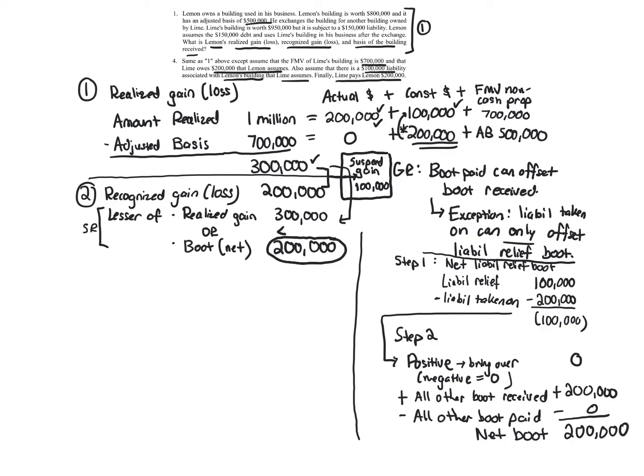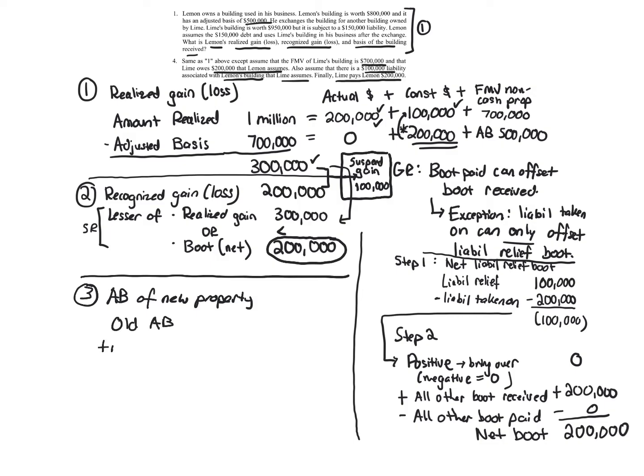So now we go to step 3, which is to determine the adjusted basis of the new property. The new property here is what Lemon is getting from Lime. So the formula is the old adjusted basis plus any actual or constructive money paid minus any actual or constructive money received plus any gain recognized minus any loss recognized.